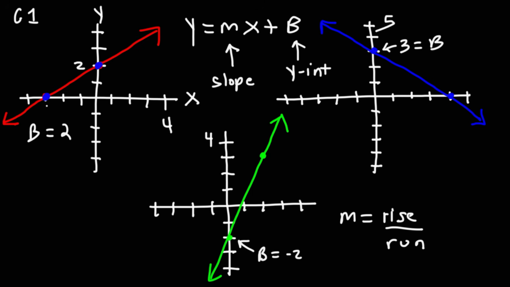In order to go from the first point to the second point, we need to rise by 2 units, and we need to run to the right by 3 units. So we have a rise of 2, a run of 3. So the slope, rise over run, is 2 over 3. And it's positive because it's going up.